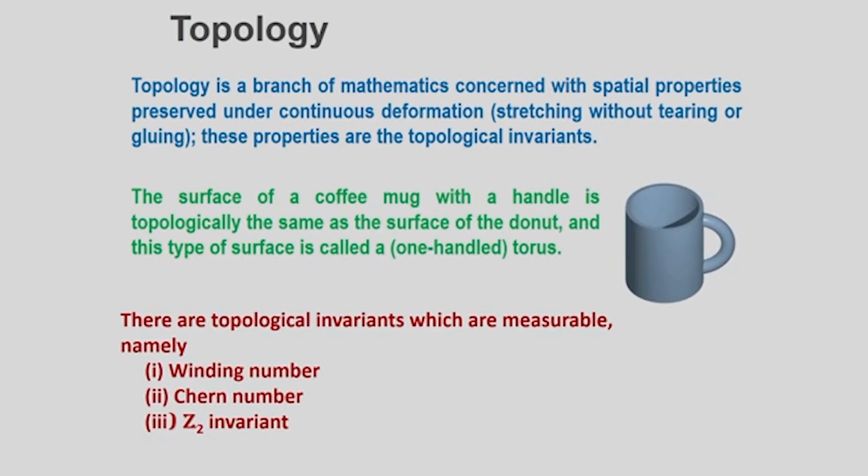It's a particular example where we are deforming an object into another completely different object, but they are topologically equivalent. That is, one is being continuously deformed into another without puncturing or tearing or breaking it.